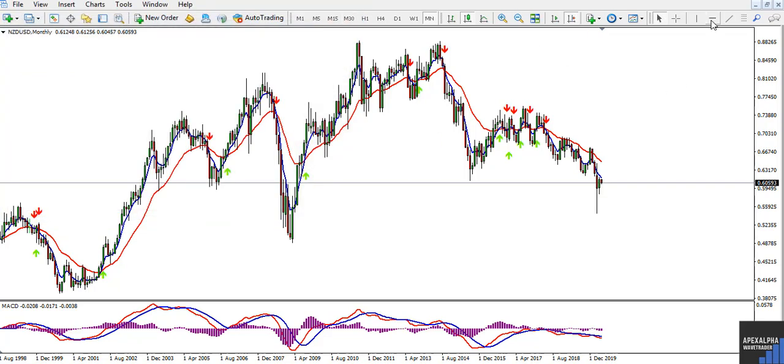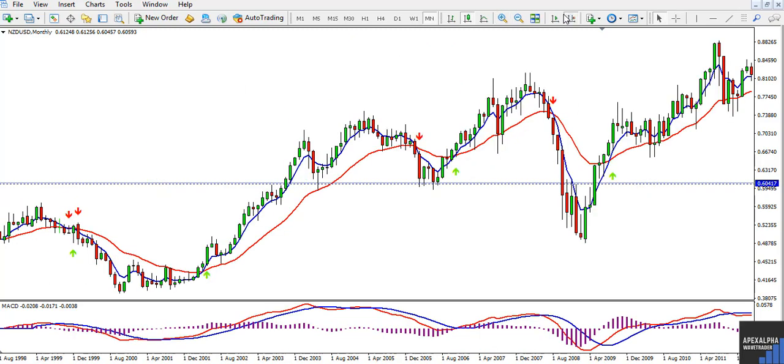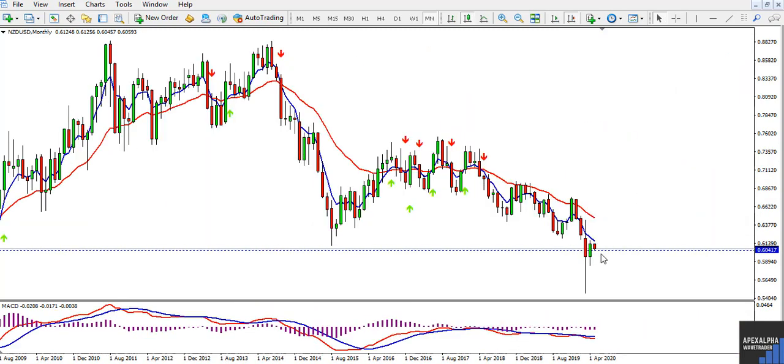So we are at a level which was strong support here, and now it seems to be acting as a strong support region as well, based on what I'm seeing, because you can see this spinning top situation here, massive one, together with this candlestick. This gives us an inside candle situation.